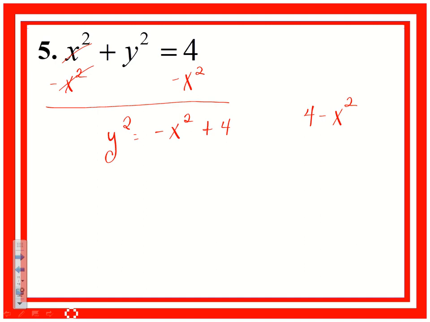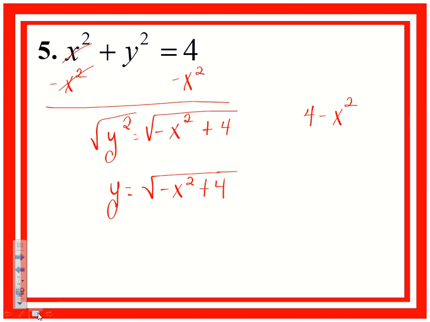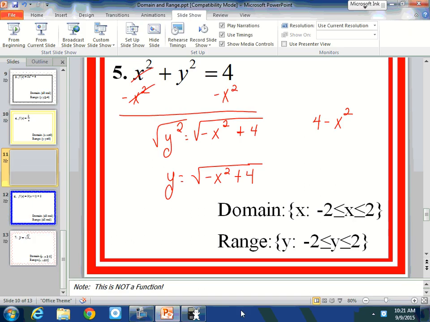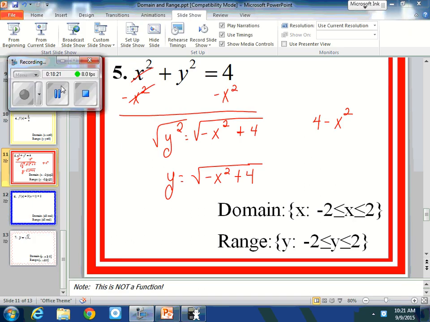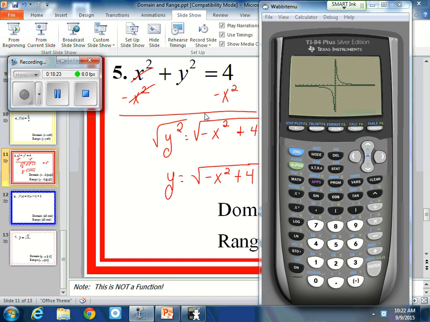Now to get y, the opposite of squaring a number would be square root. So y equals square root of negative x squared plus 4. So let's go ahead and figure out what the range and the domain of the function are.